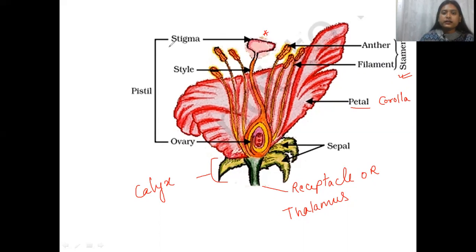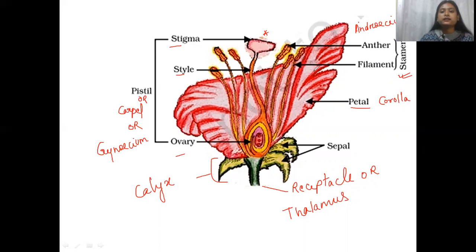So together, stigma, style, and ovary constitute the gynoecium, which is also known as pistil. It is also termed as carpel, and it is also known as gynoecium. Okay, these are the names that are given to the female reproductive part. And the stamen is also known as androecium. It is commonly known as androecium.